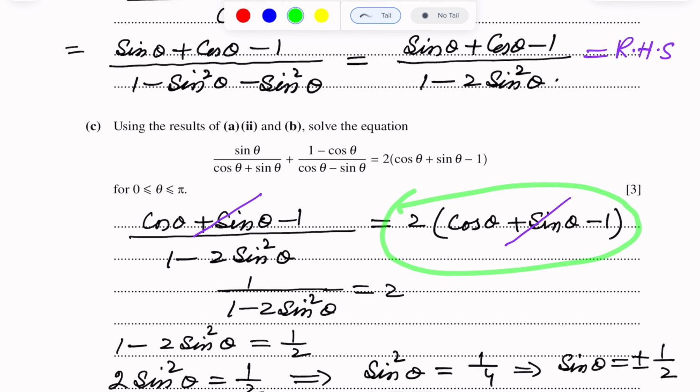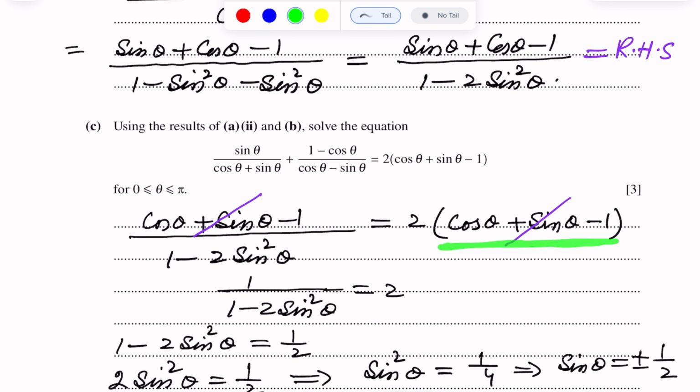Here, when we put cos theta plus sin theta is equal to 0, then by cross multiplying this becomes 0, because we are putting cos theta plus sin theta minus 1 is equal to 0.